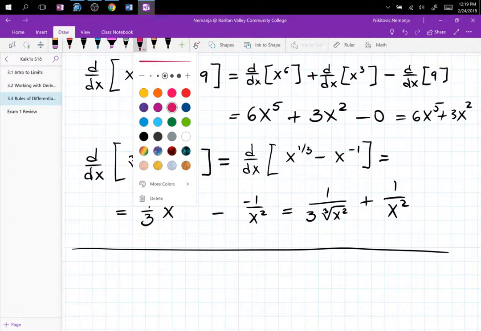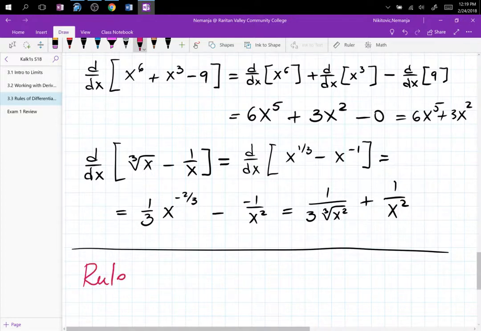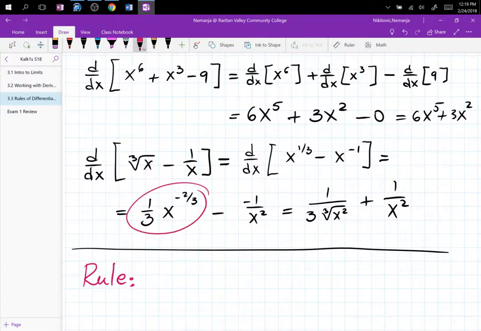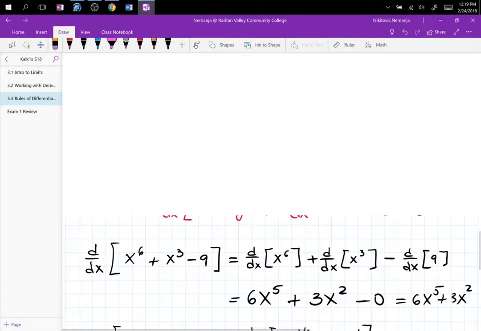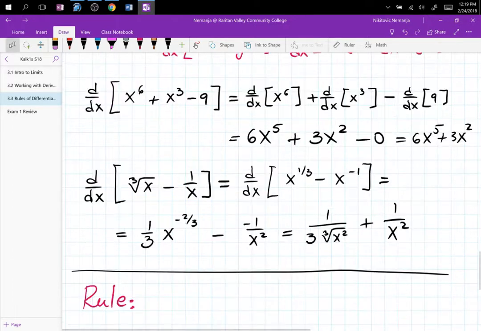Next rule. Another one of the rules. Professor? Yes. For the final answer, do you have to put the radical backwards? You keep it as 1 over 3 to the x. You can keep this, yeah, sure.